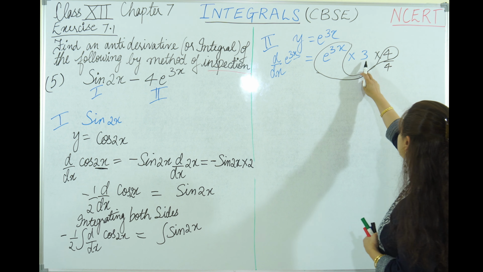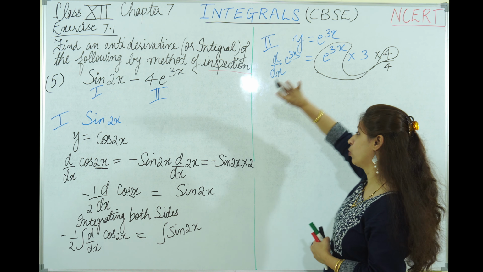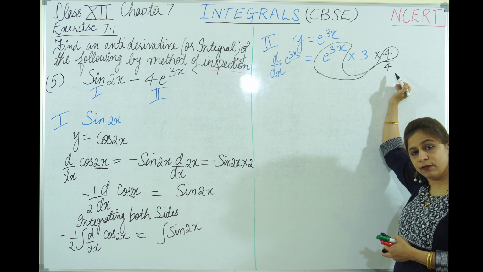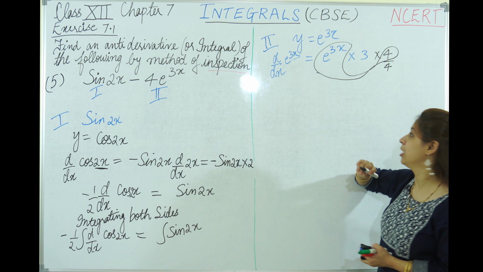This 3 is in multiplication, so it will go to that side with division, and this 4 is in division, so when it goes to that side it will go with multiplication.